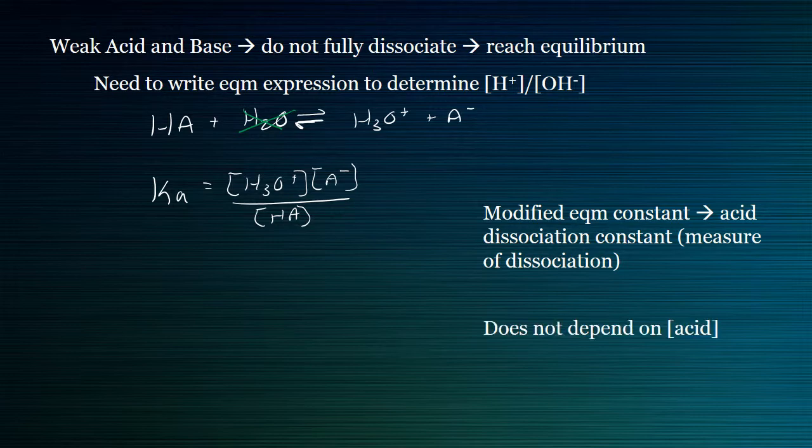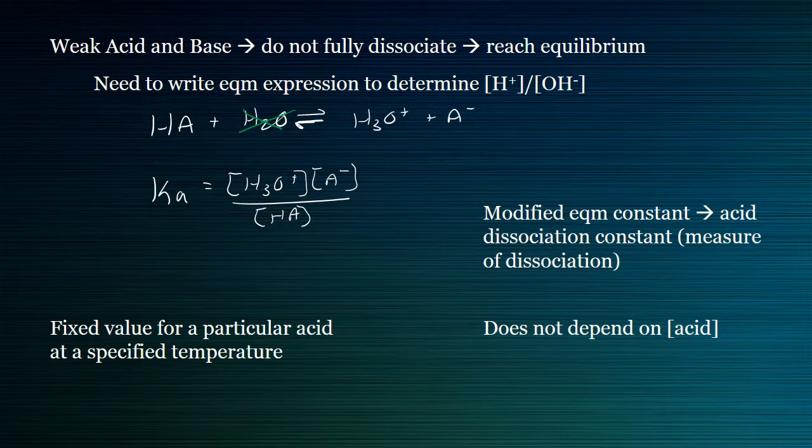Now, the Ka does not depend on the concentration of the parent acid, because you can have a 0.1 mole solution of hydrochloric acid and a 0.1 mole solution of acetic acid. Acetic does not fully dissociate, so even though it's the same concentration, it's not going to be of the same strength. And that Ka is going to be a fixed value for a particular acid at a specified temperature.